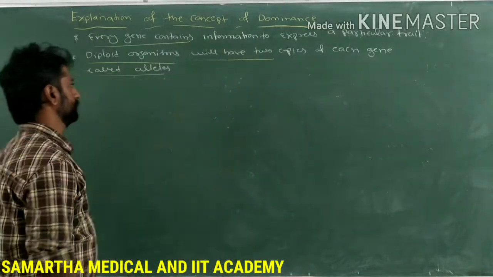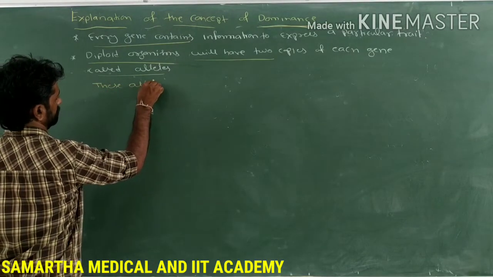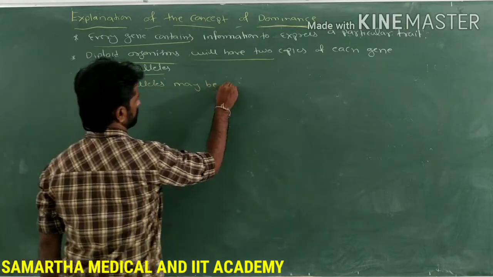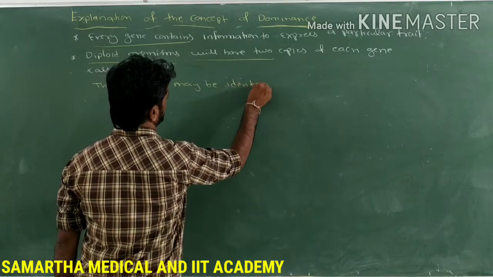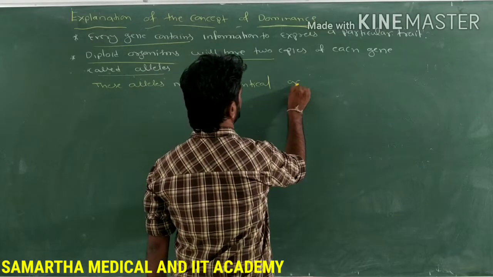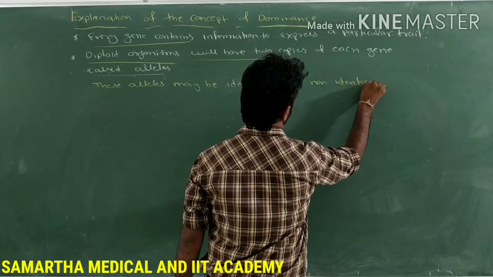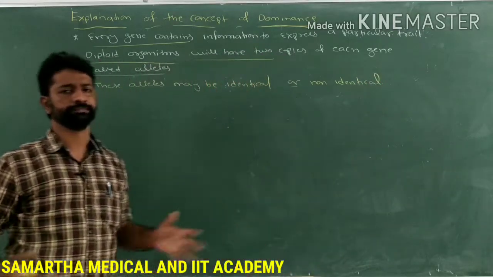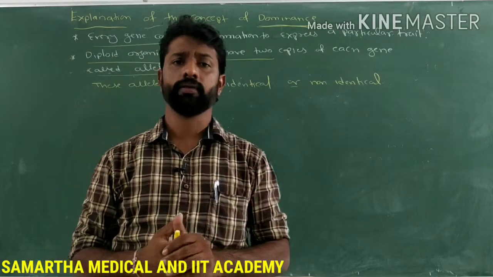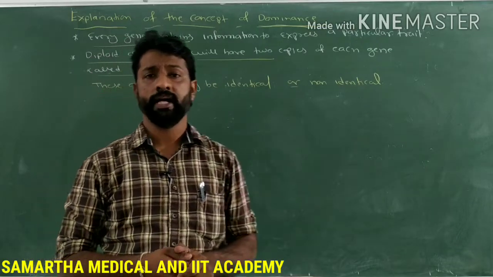These alleles in a pair may be identical to each other, or they may be non-identical. Both possibilities are there. If they are identical, we call it a homozygous condition. If they are non-identical, that represents a heterozygous condition.